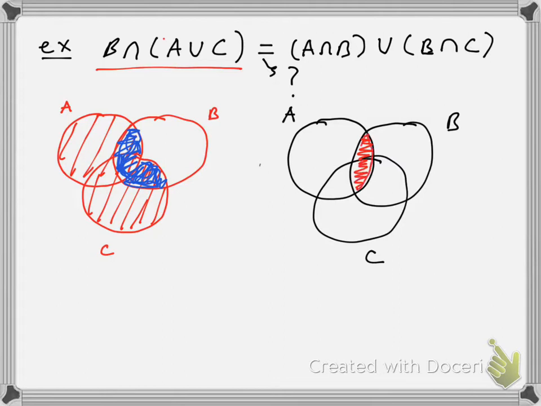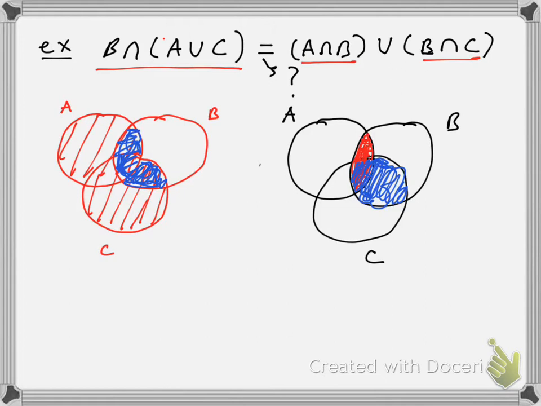That's everything that A and B have in common, right? Right there. And then I'm going to do B intersected with C, because that's in parentheses as well. I'll do that in blue. That's everything that B and C have in common, right?